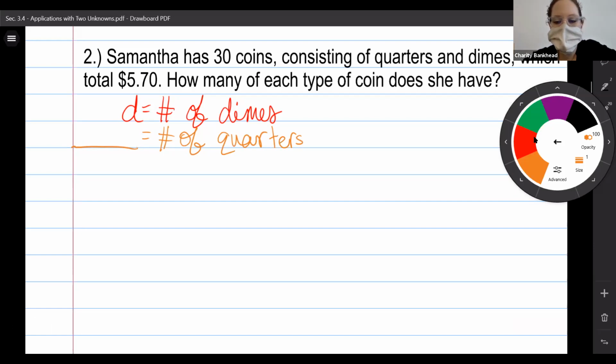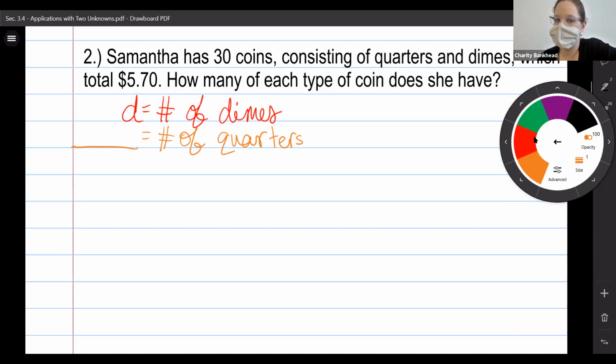So let me just say, for example, what if I told you that she had 10 dimes? How many quarters would she have? She has a total of 30 coins.